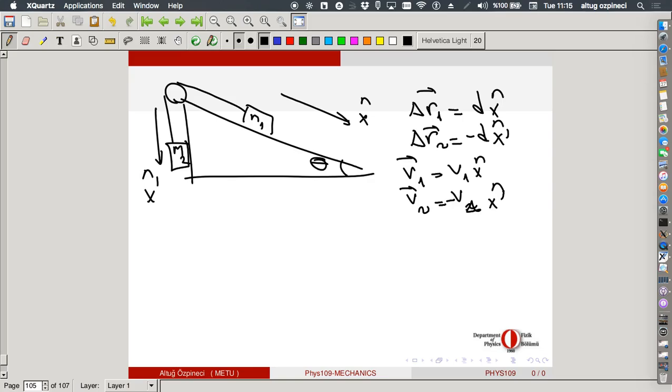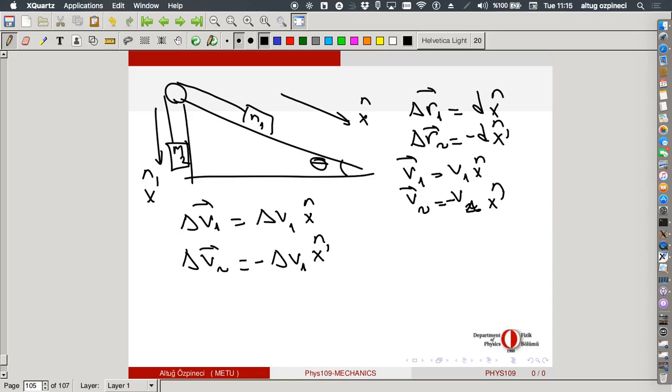And this should hold at all times. Even if v1 changes, this should still hold. So the change in the v1 vector will be the change in v1 in the x direction. The change in the v2 vector will be minus the change in v1 in the x prime direction.